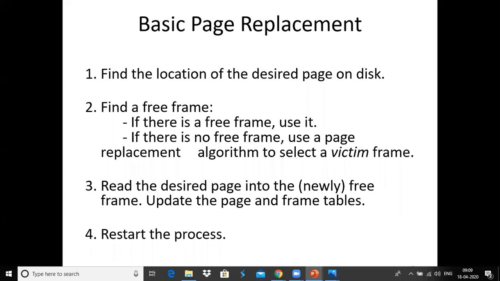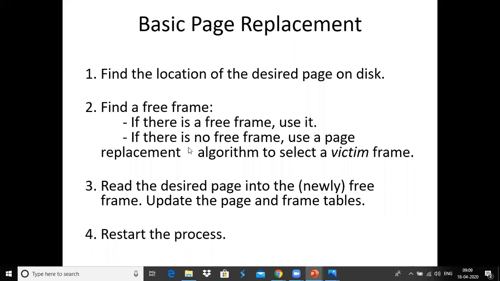See, the basic page replacement algorithm is that first you find the location of the desired page on the disk, where your desired page exists. After that, find a free frame. Check for a free frame in the physical memory. If there is a free frame, then use it. If there is no free frame, use a page replacement algorithm to select a victim frame.